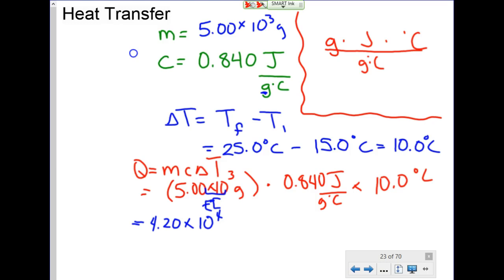Sometimes when we put those units together like that, and get the numbers out of the way, it's a little bit easier to see what units will divide out. Grams divided by grams is 1. Degrees Celsius divided by degrees Celsius is 1. The final units for the question are in joules.